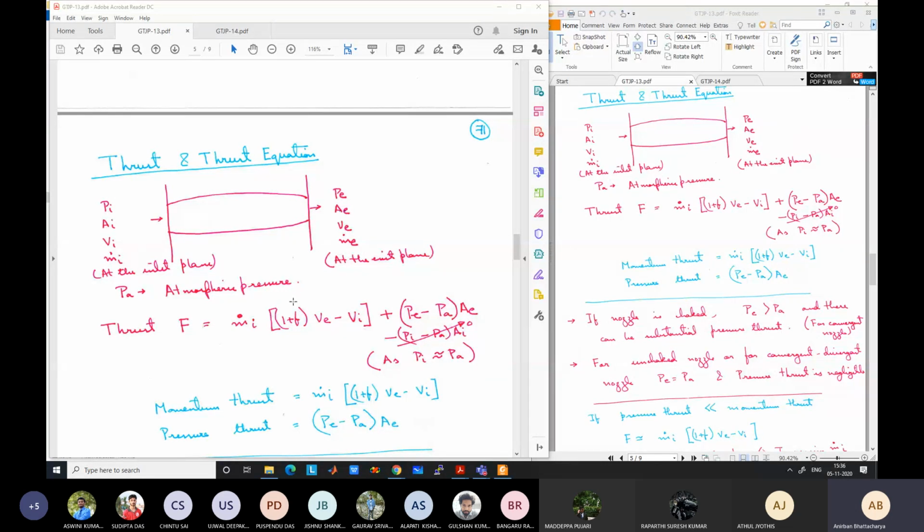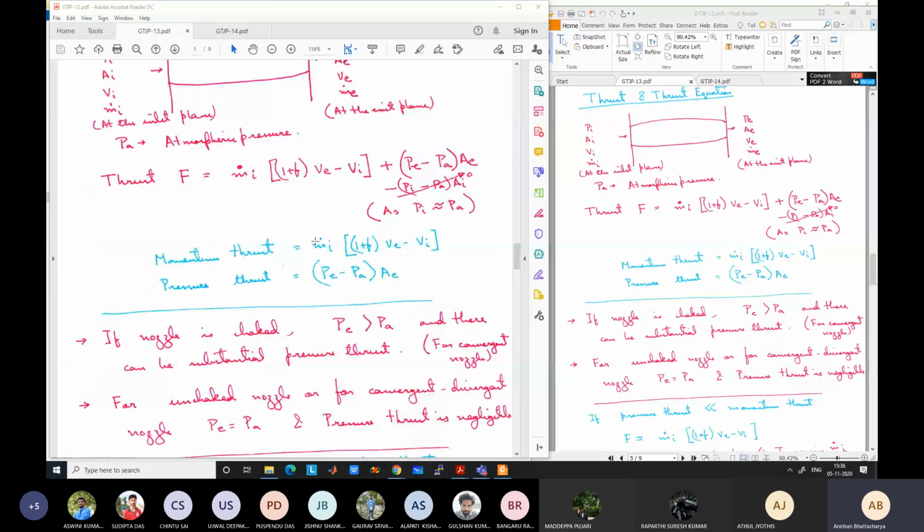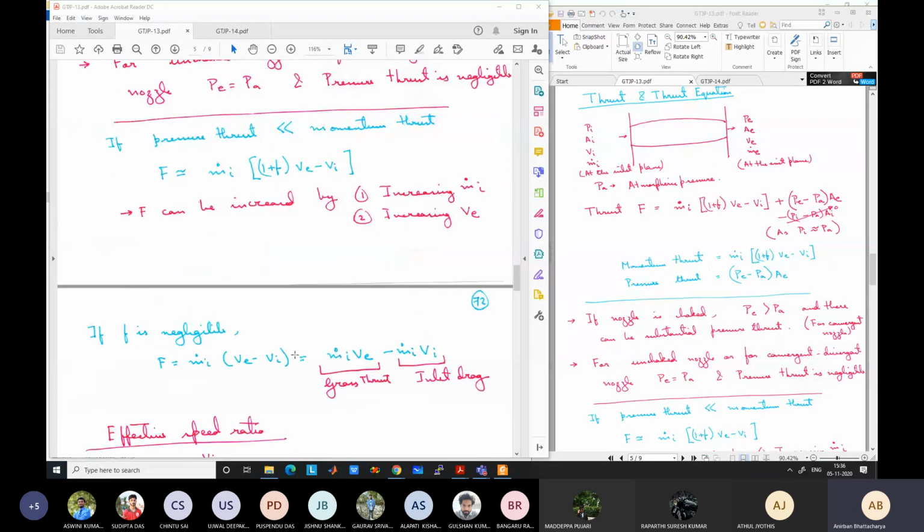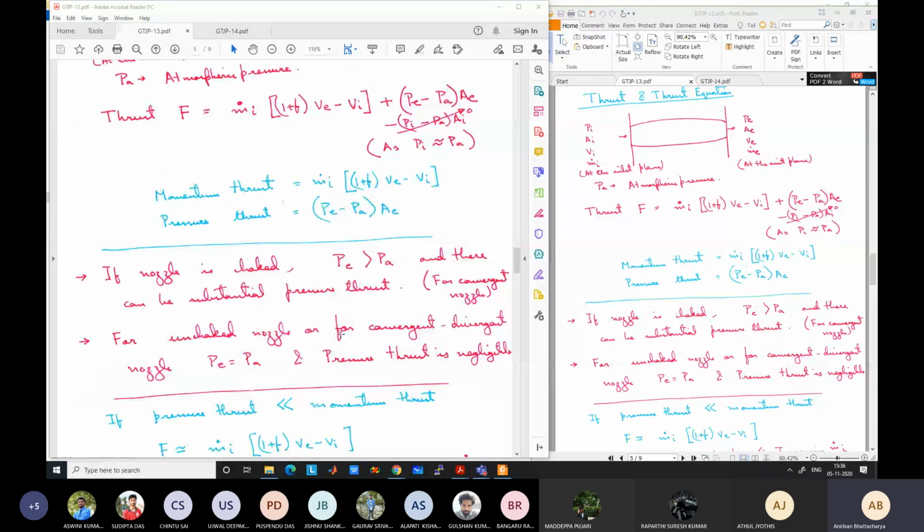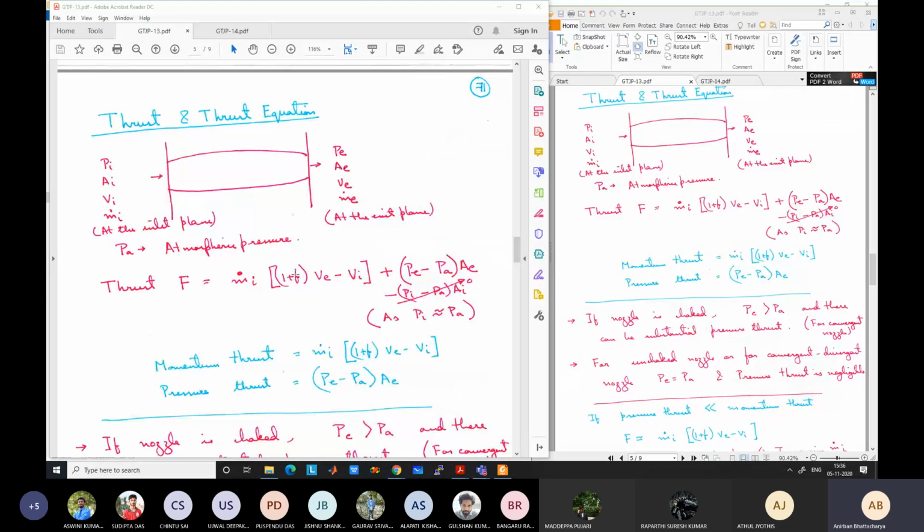However, for our problems, for the design calculations we are going to perform in subsequent classes or in the exam, you have to take this 1 plus f factor. You cannot ignore it. Only for the simple calculations that we have done are we going to ignore this f factor. Otherwise, there will be around 2%, 3% error in the calculation.